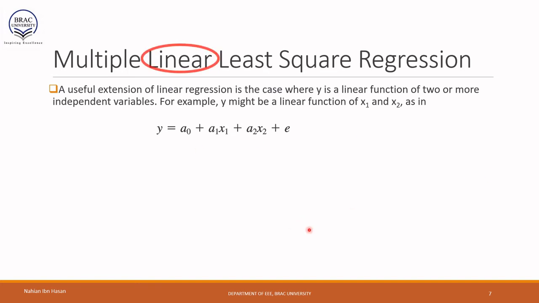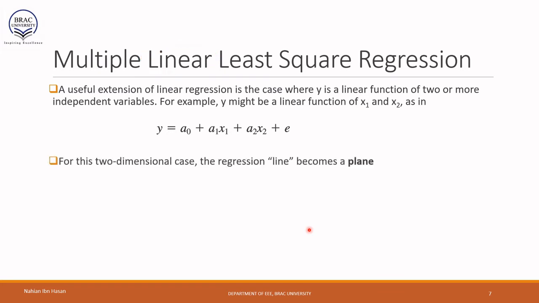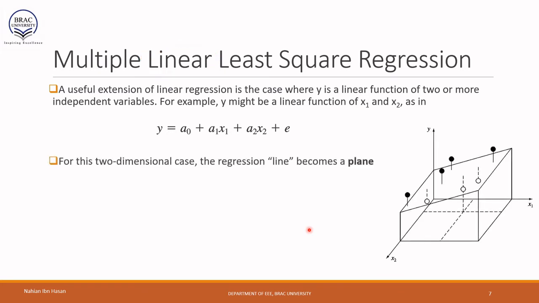So once we do that, we are finding a fitted plane. These data points are situated over or below the fitted plane. So this is the fitted plane, and these are the data points in the x1 x2 plane.